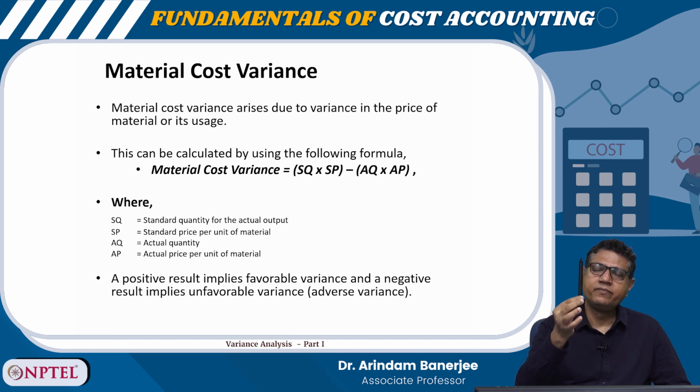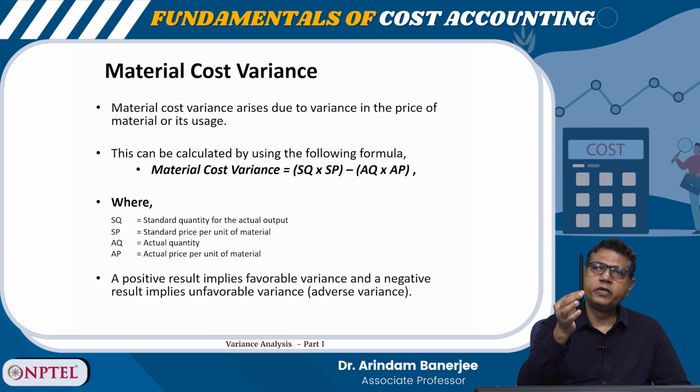While I am preparing the standard, I said that for manufacturing one unit of this pen, I need 50 gram of polythene granule, plastic granule, at the rate of, say, 100 rupees per 100 gram, an assumption.